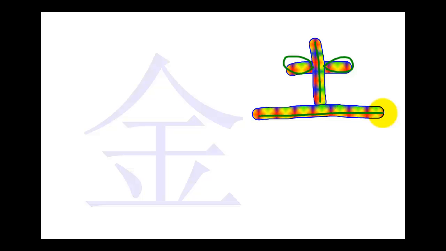Put that together, and it does in fact mean dirt, ground, earth, or place. And you can see that that character is actually in the middle of the character for gold or metal. You can see across, down, and that long stroke.